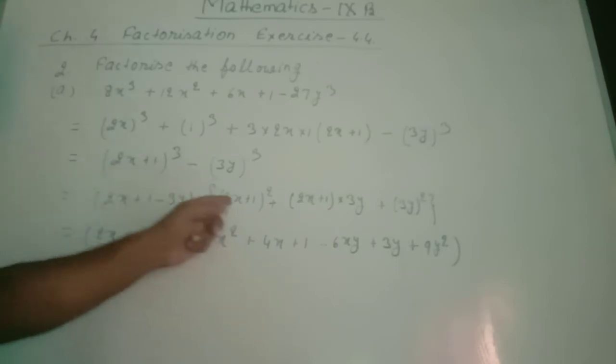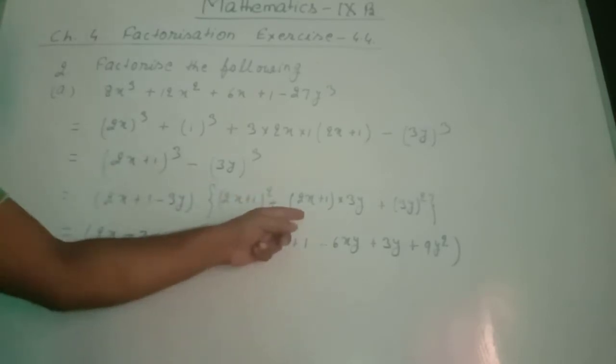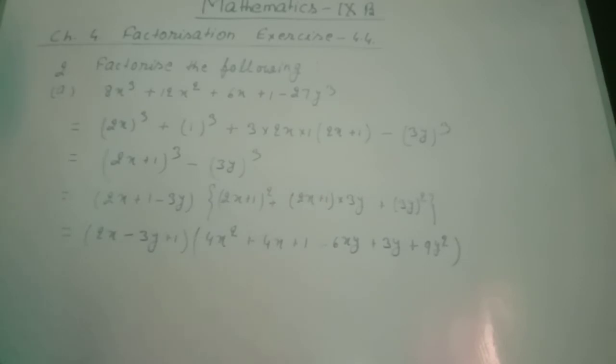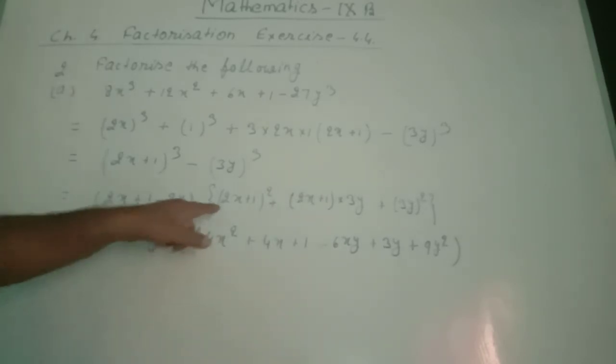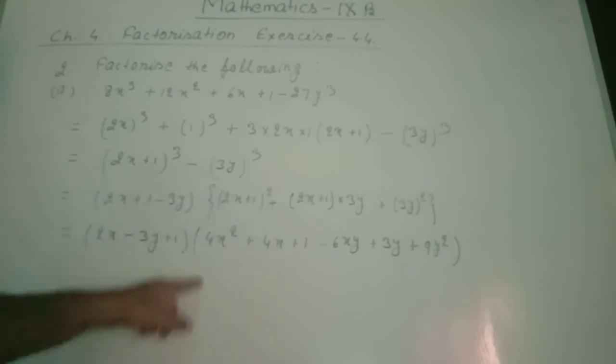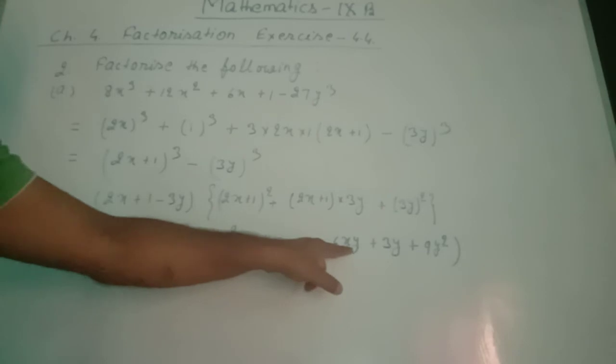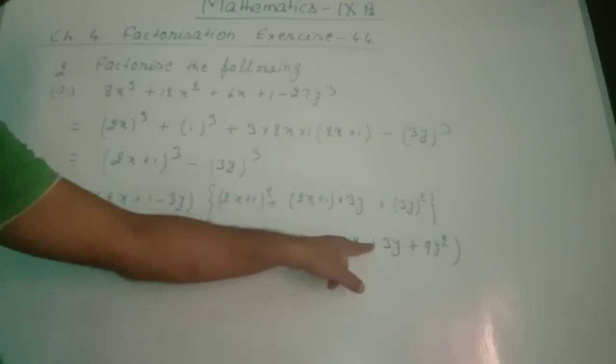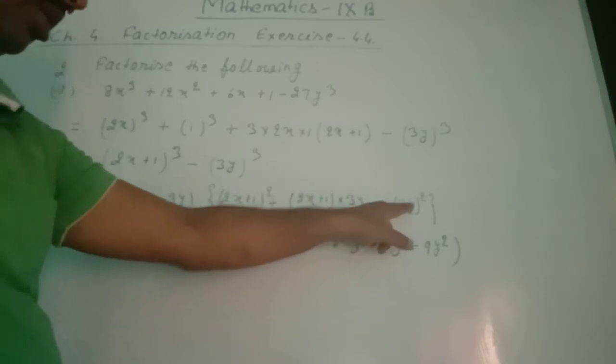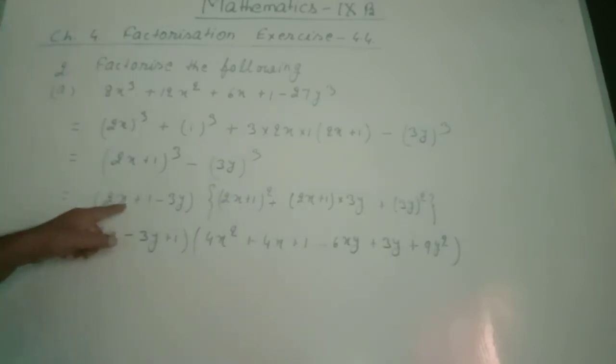a square, that is 2x plus 1 whole square, plus ab, that is 2x plus 1 into 3y, plus b square, that is 3y whole square. Here this is in the form of a plus b whole square, for that I wrote a square plus 2ab plus b square. 3y into 2x is 6xy, 3y into 1 is 3y, 3 3s are 9y square, and this term is carried here.